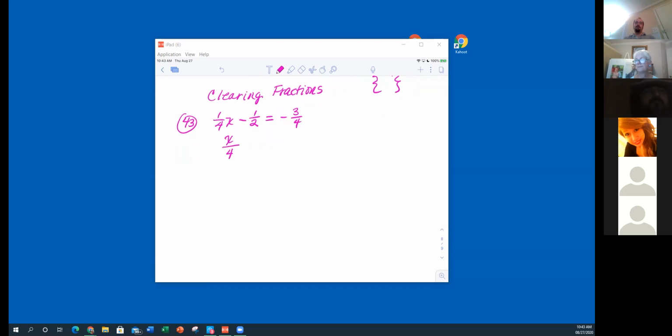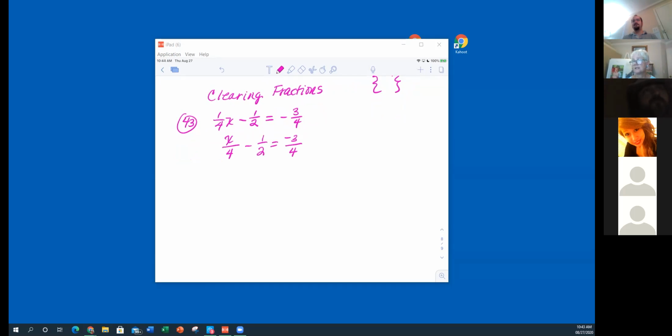And anytime you have a negative fraction, I always make a point of putting that negative on the numerator. It doesn't matter, you can put it in the numerator, in front of the division bar, or in the denominator. It just makes your life easier if you have it in the numerator.